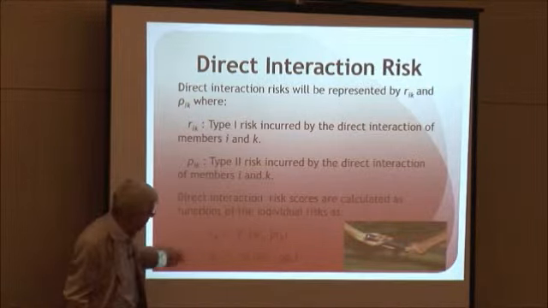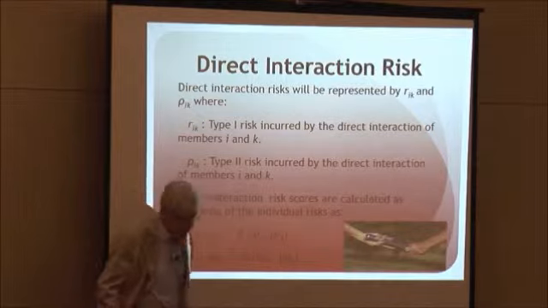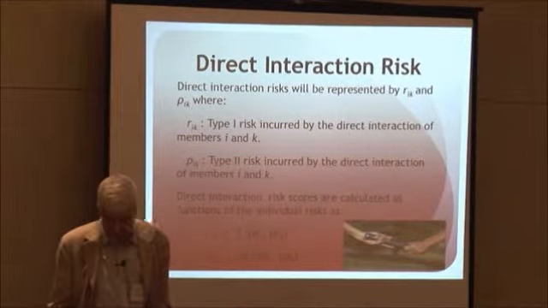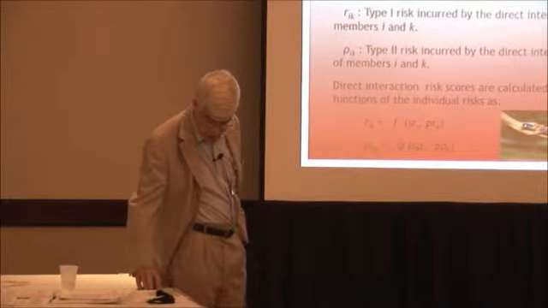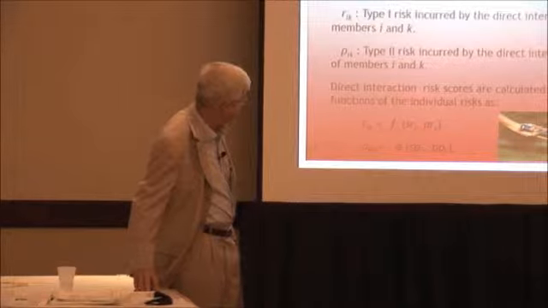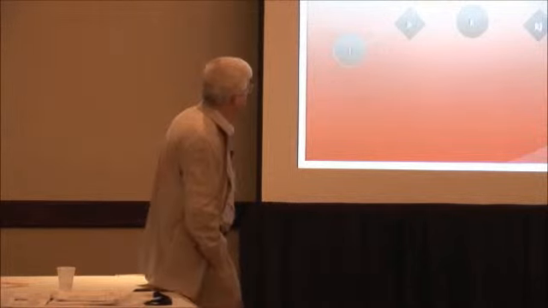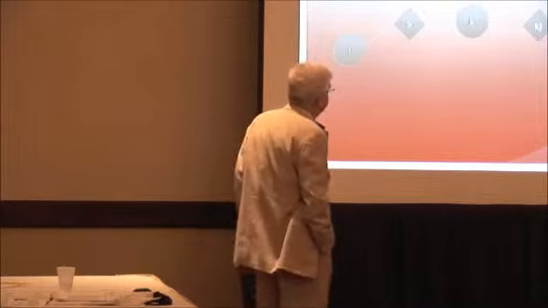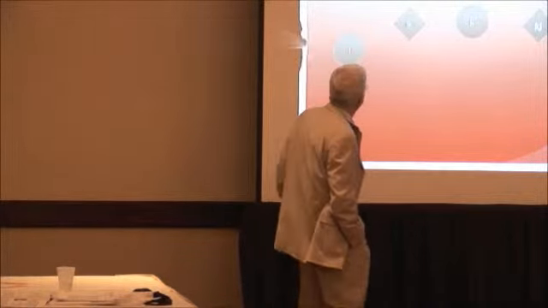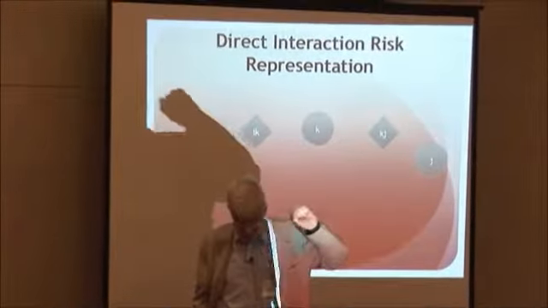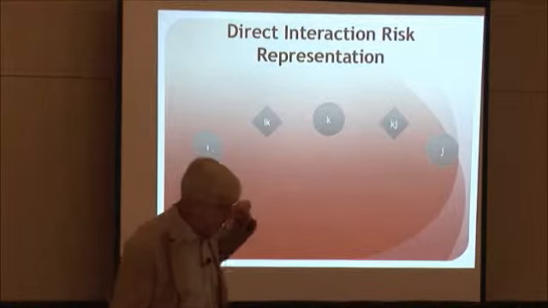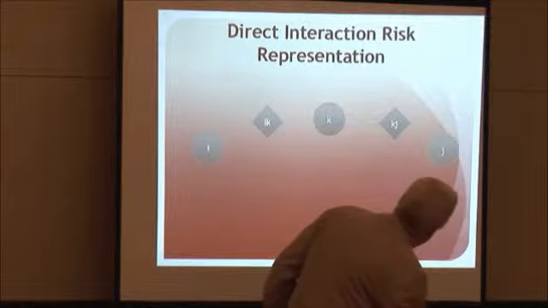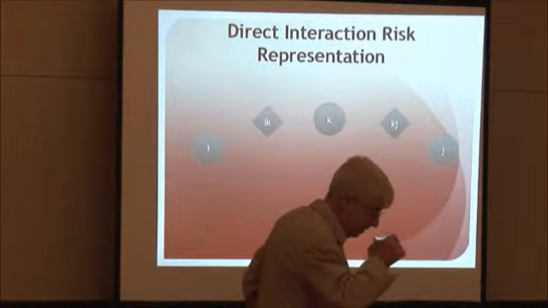Now, these risks are calculated as some function of the individual risk, based on some rules, and we're going to analyze them a little bit now. By the way, graphically, we represent this interaction risk through another node in the graphical representation, meaning the individuals are represented by nodes, and their interaction is also represented by nodes.